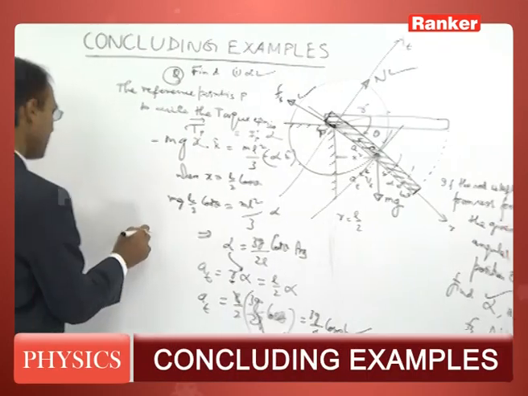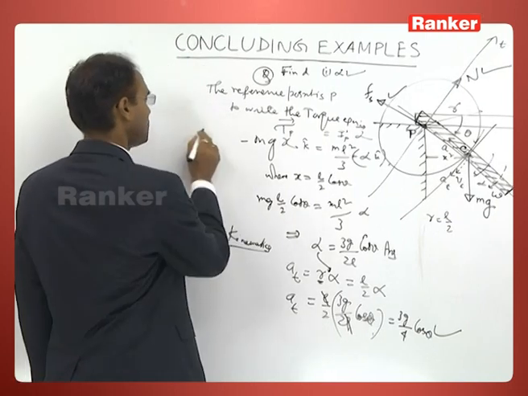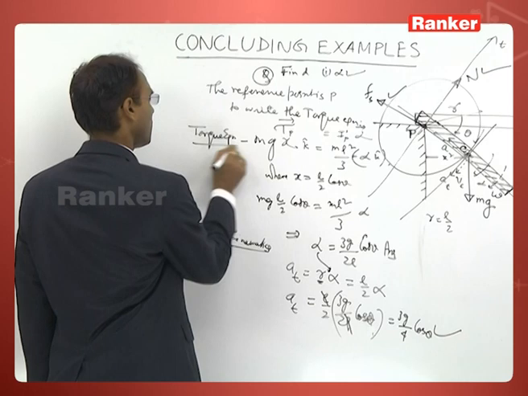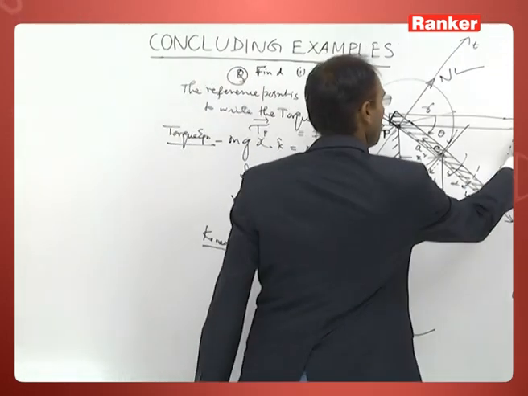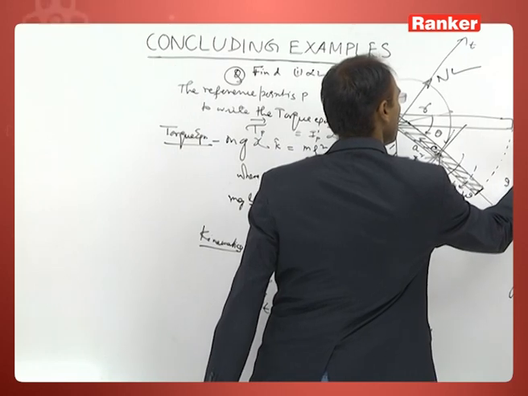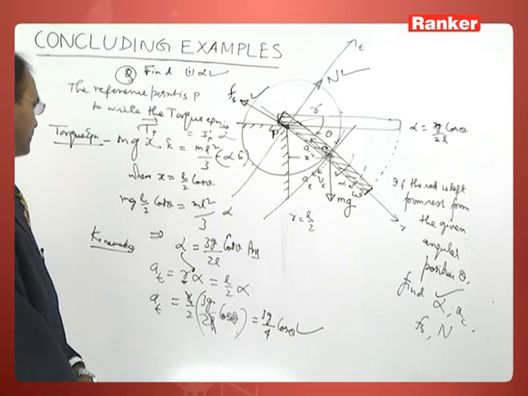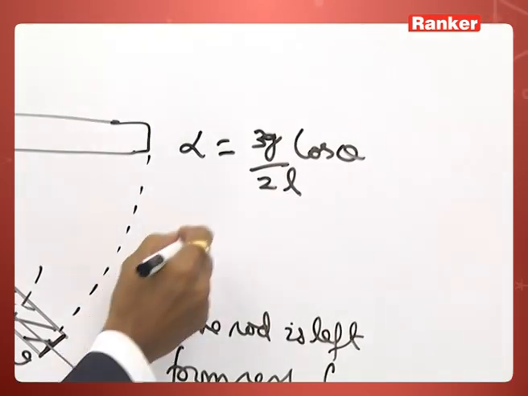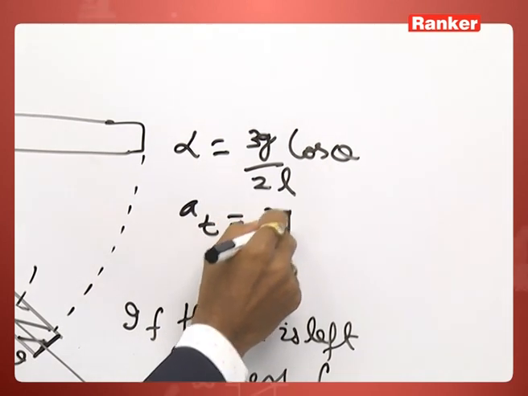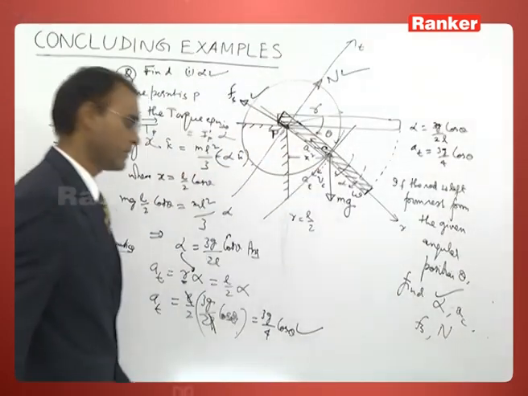And we are applying the kinematics. This is the torque equation. So you note alpha is equal to 3g by 2L cos theta. And tangential acceleration of the center of mass is equal to 3g by 4 cos theta.